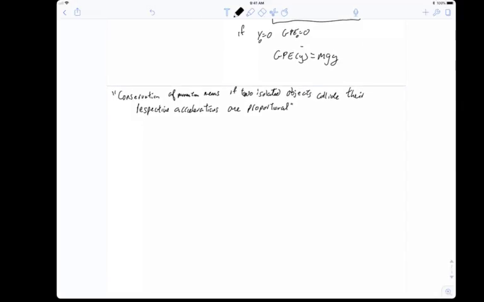So where would that come from? The idea is that between any two times, the change in momentum of one is equal to minus the change in momentum of the other one, because that means that the total momentum is conserved.